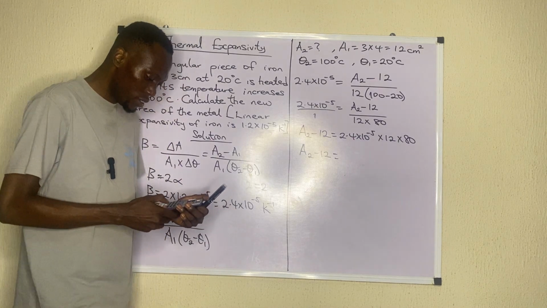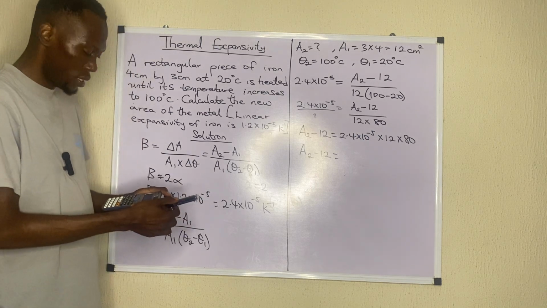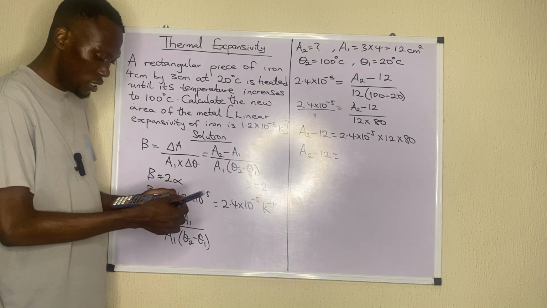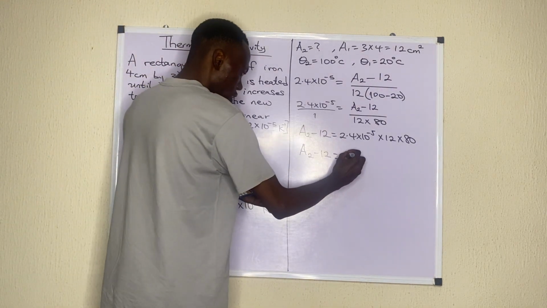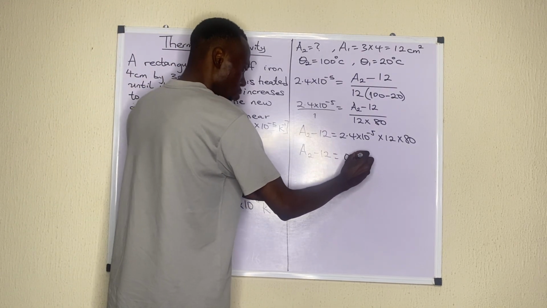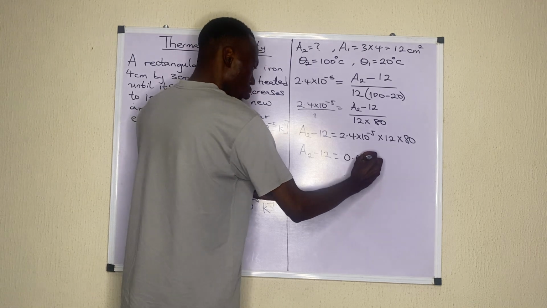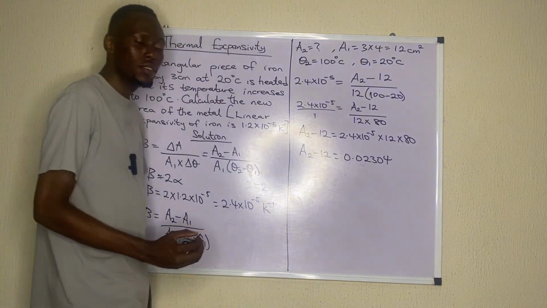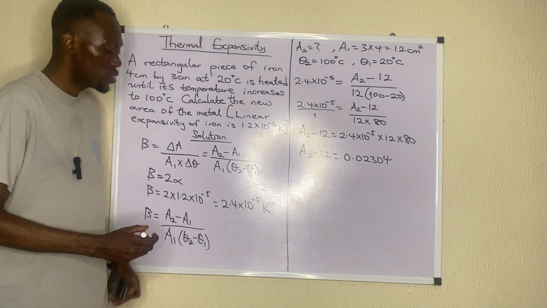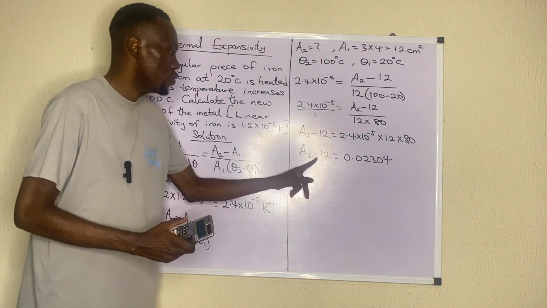So I'll have 2.304 times 10 raised to the power minus 2, or I'll just leave it the way it is in the calculator, 0.02304, right?